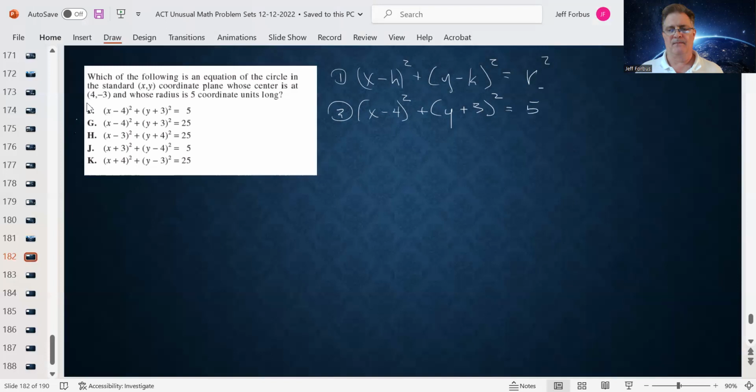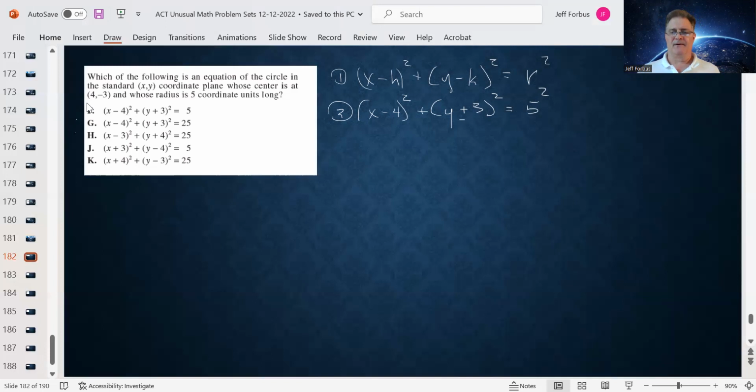Now, the reason why I changed the sign associated here with our y and our k is because the 3 is negative. So when you have a -3 and a negative sign already there, that makes it positive.